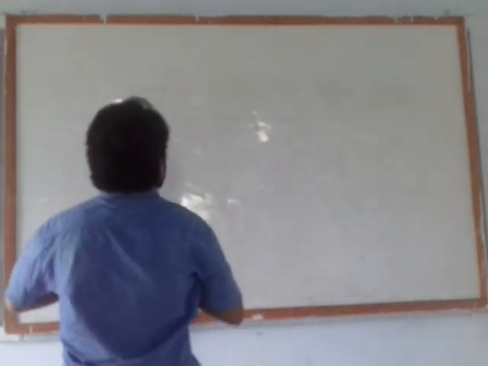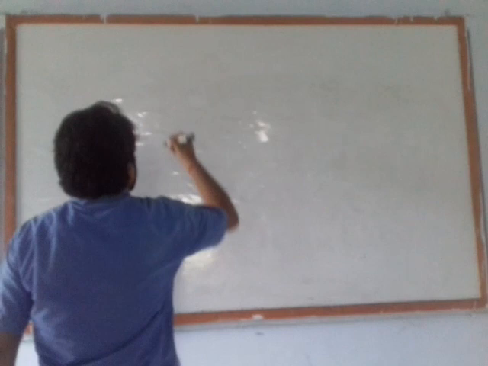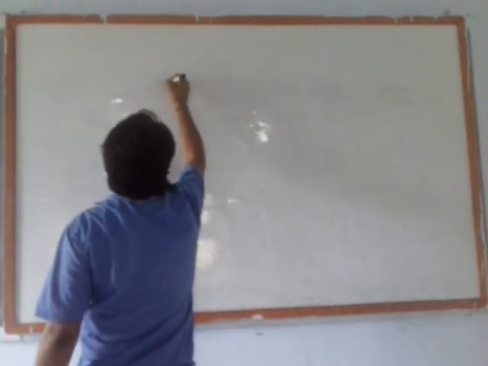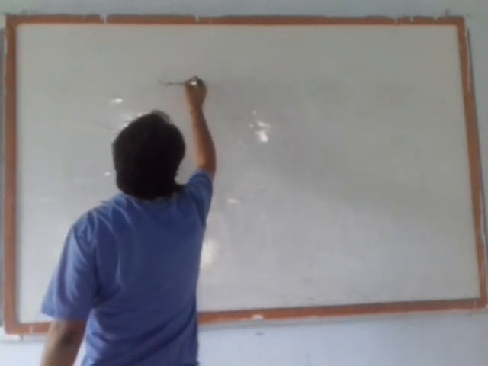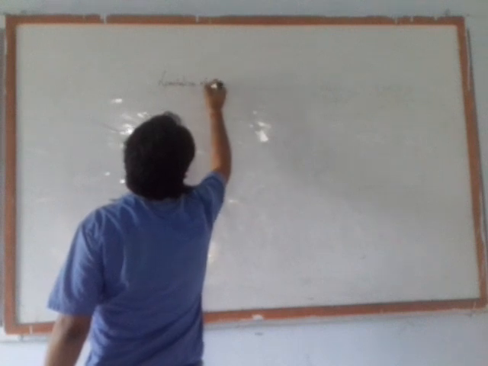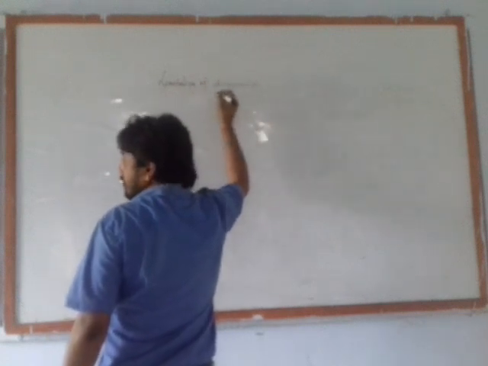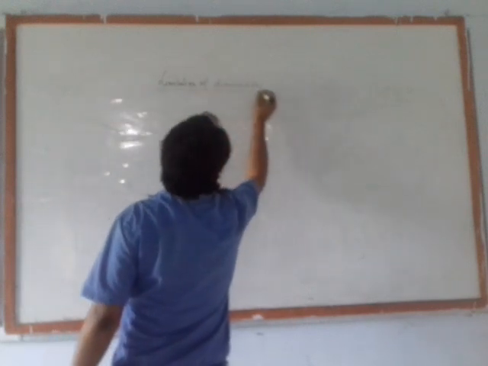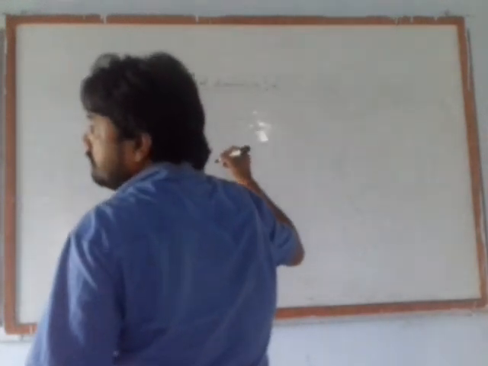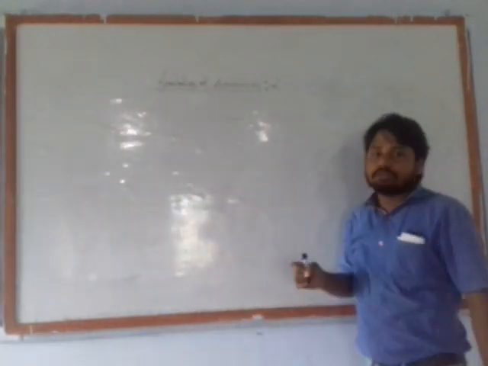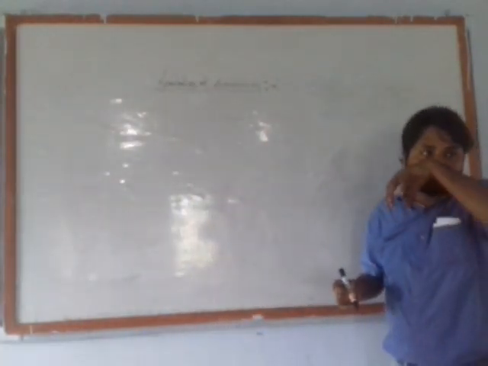Now let us come to the significance or limitation of dimension. Limitation of dimension. So we have some limitations for the dimension.